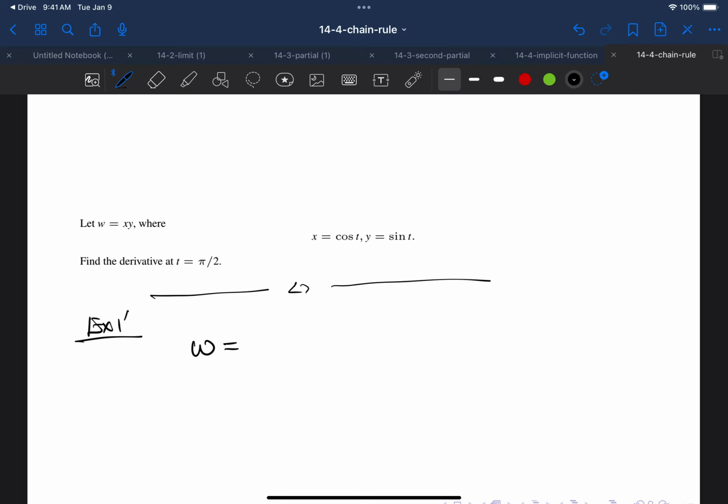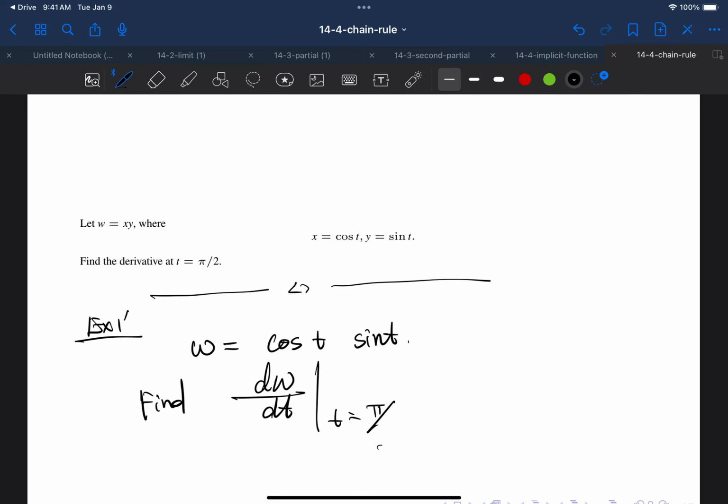We are given w as xy. x is indeed cosine t, y is sine t. And then find the derivative of w, because w is a single variable function depending on t, when t equals pi over 2. That's the same question.